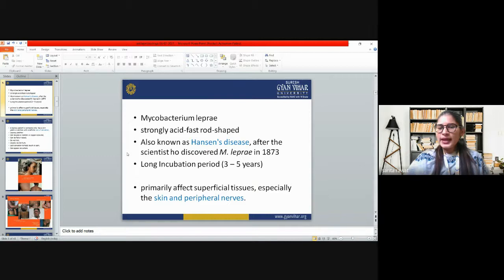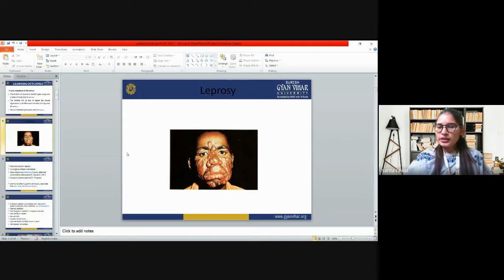It has a long incubation period, which is 3 to 5 years. Primarily it affects the superficial tissue, especially the skin and the peripheral nerves. So, as you can see in this picture, the skin of the person is very damaged.